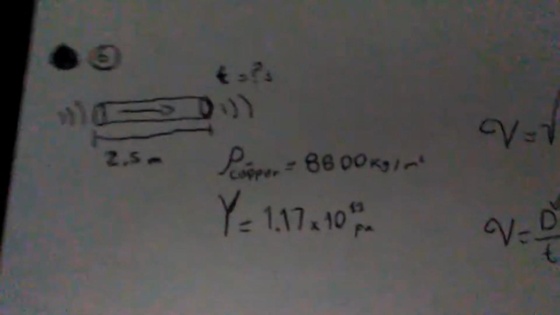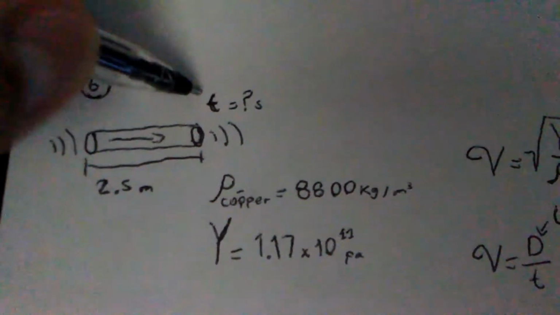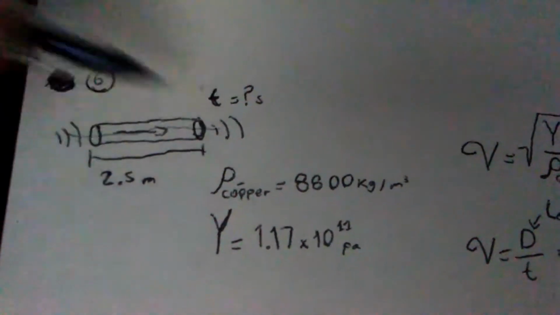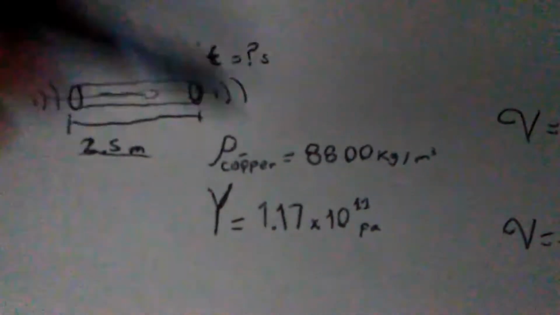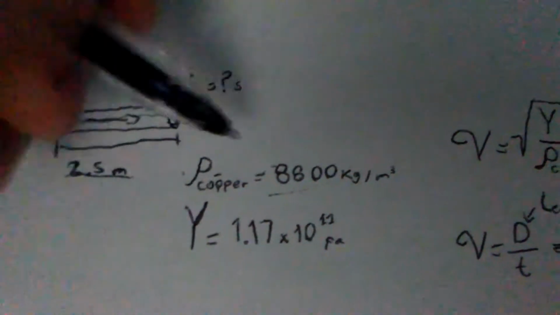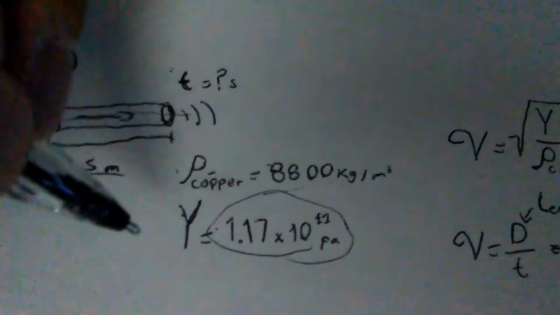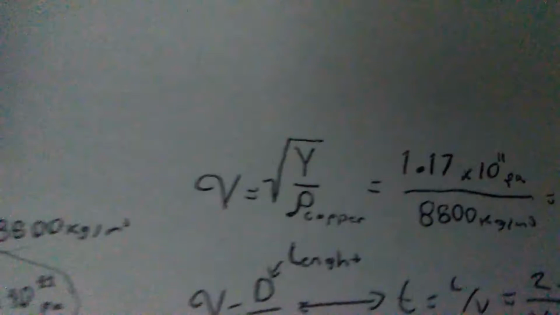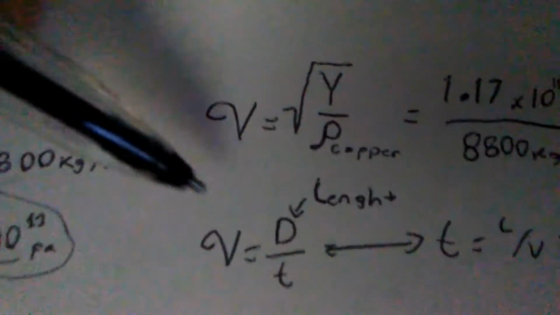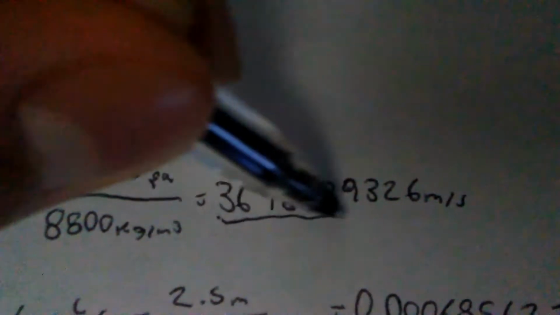Number 6 was the most complex one for me, as it is asking you to get the time that sound takes to travel through a piece of copper rod of 2.5 meters long, knowing that copper's density is 8800 kilograms over meter cubed, and the modulus is 1.17 times 10 to the 11 pascals. So for this, you'll have to get the velocity by using this formula, because we'll need it later, giving us a velocity of 3046.29 meters per second.